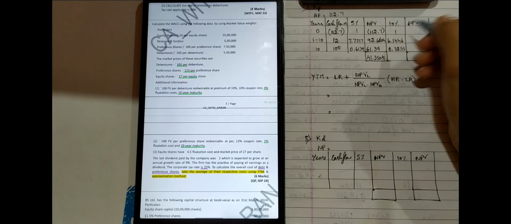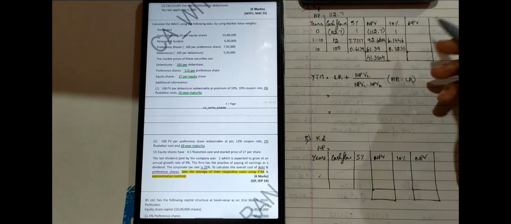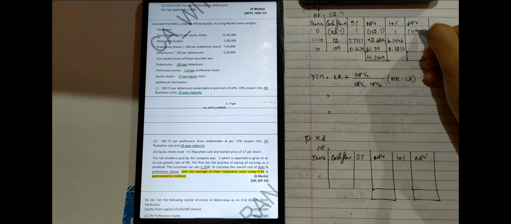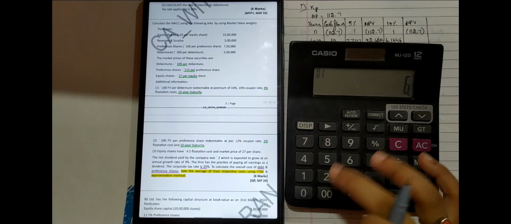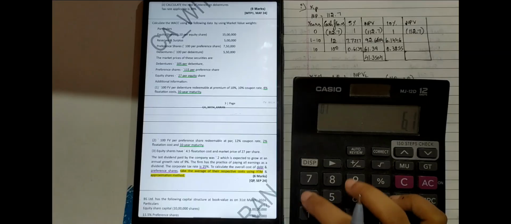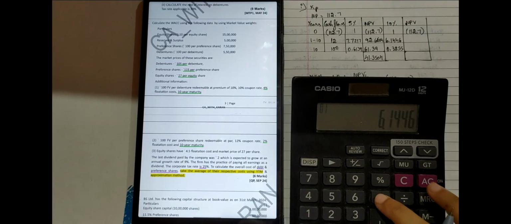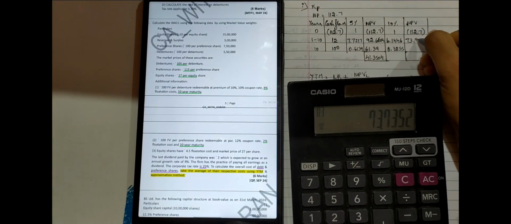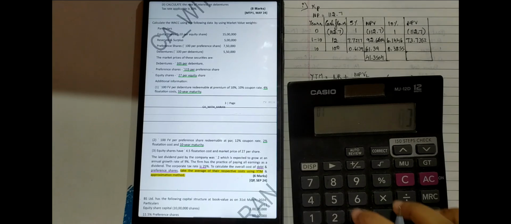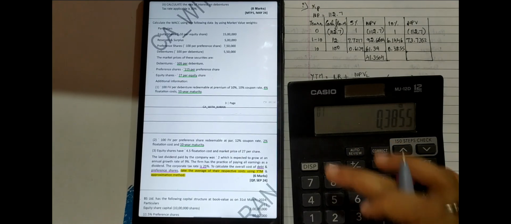And then for year 0 the value is going to be 1, and now 112.7 and 6.1446 into 12. So this comes out to be 73.7352 and 0.3855 into 100.